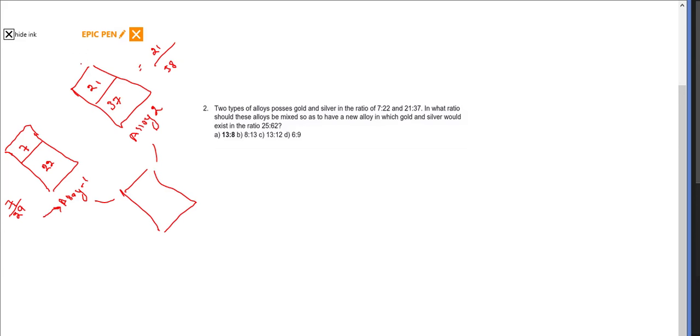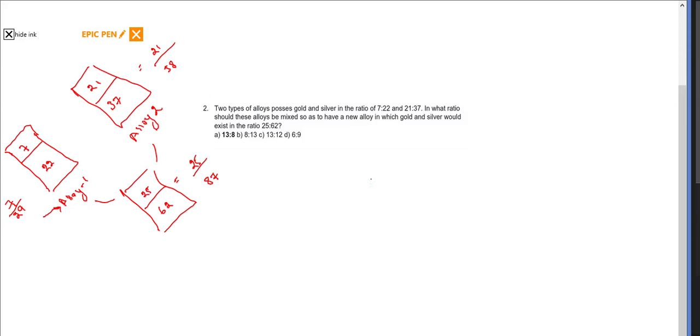If we mix alloy 1 and alloy 2 in a particular ratio, we'd be getting the resulting mixture, which consists of 25 parts of gold and 62 parts of silver. So the total number of parts is 87. Out of these 87 parts, 25 parts are gold. So this is going to be our resulting mixture.